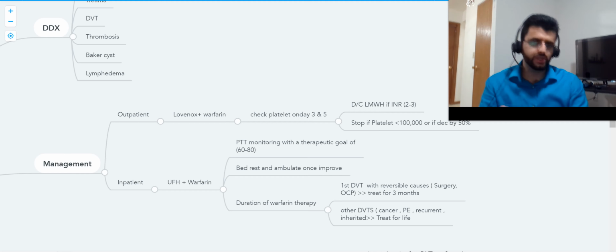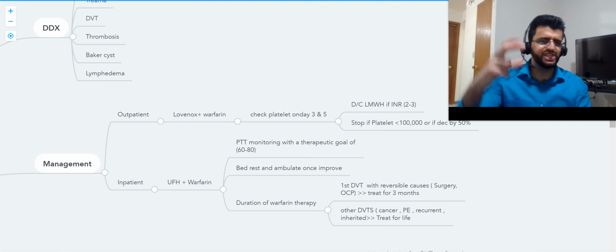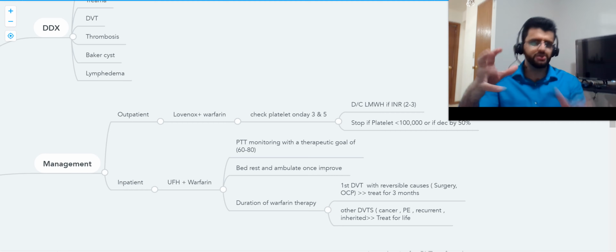And when do you discontinue the low molecular weight heparin, the Lovenox? Sometimes the treatment is for 6 months, so the Lovenox is just a bridge.